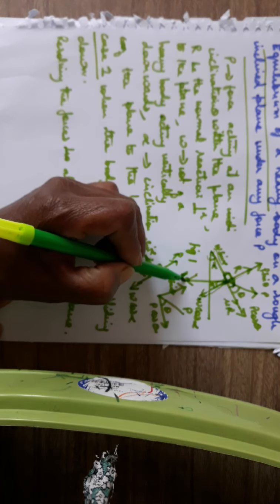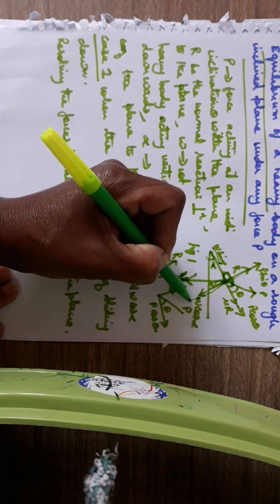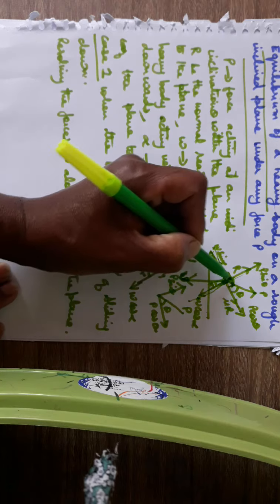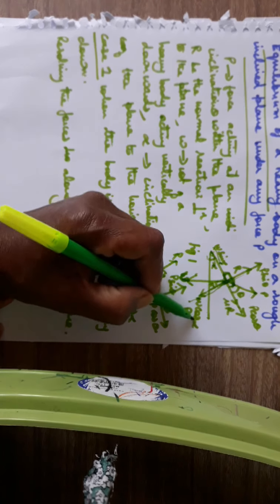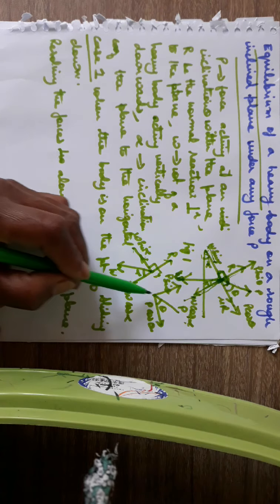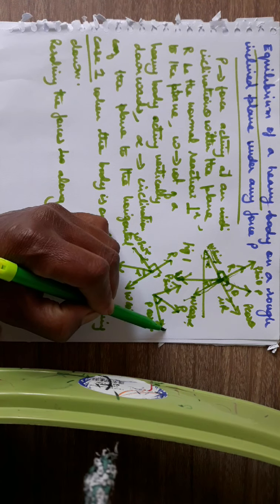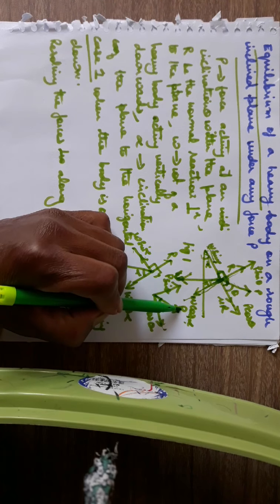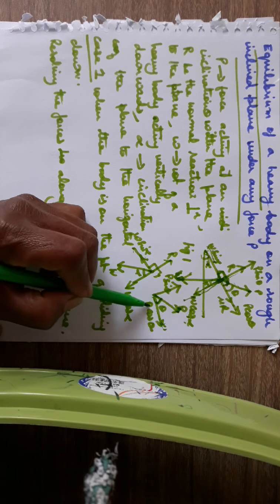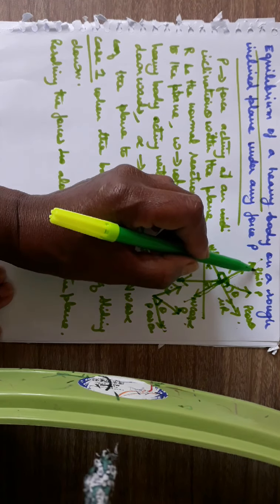Along the plane, the resolved part of W will be W sine alpha, and perpendicular to the plane it will be W cos alpha. Similarly, for the force P of inclination theta to the inclined plane, the resolved part along the plane will be P cos theta, and perpendicular to the plane it will be P sine theta.